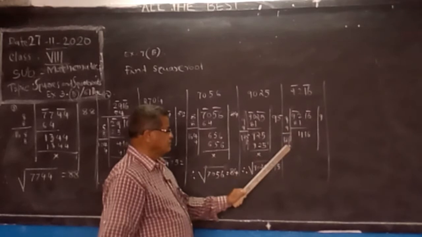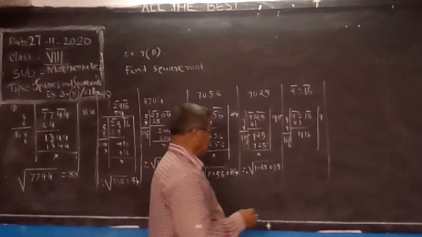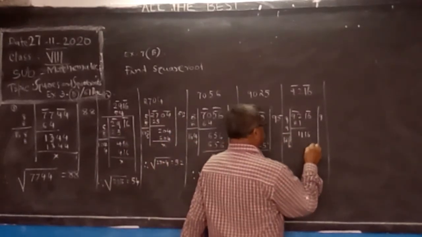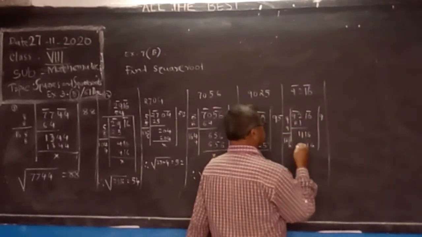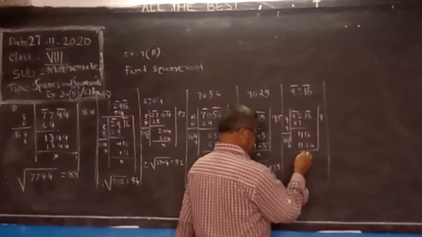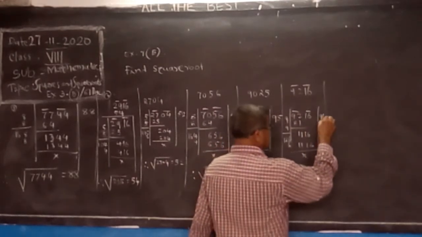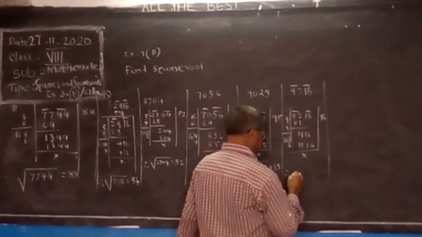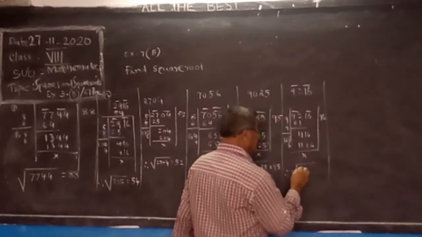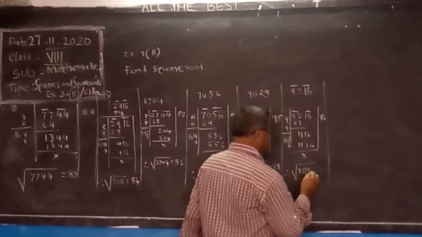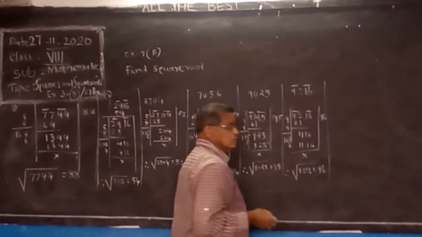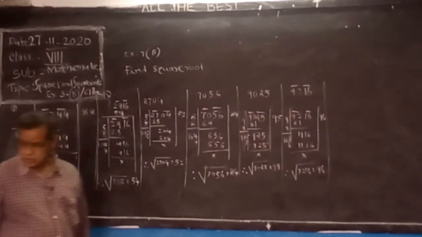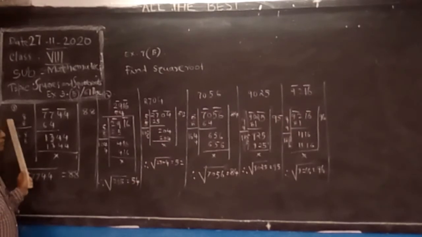It is divisible with 6. 6 sixes are 36, 48 plus 3 is 51, 6 ones are 6, 5 11, remainder 0. Second time 96. Therefore, the square root of 9216 is equal to 96. So like this we have to practice all these square roots by the division method.